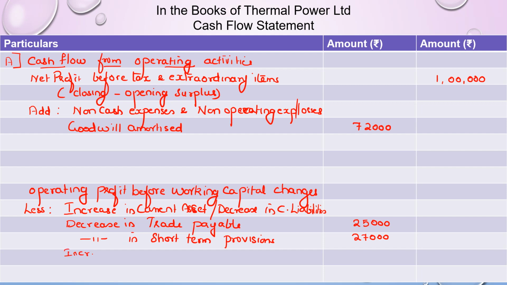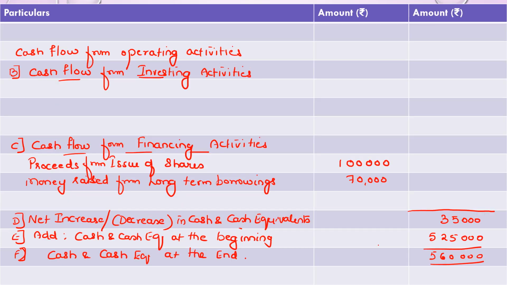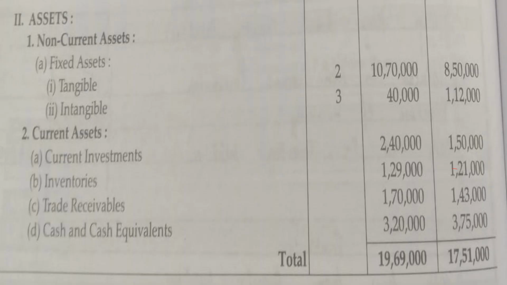Increase in inventories, which was rupees 8,000, and I will write the other increase here. Increase in trade receivable, which was 27,000. So with that, we have incorporated everything on the asset side as well.